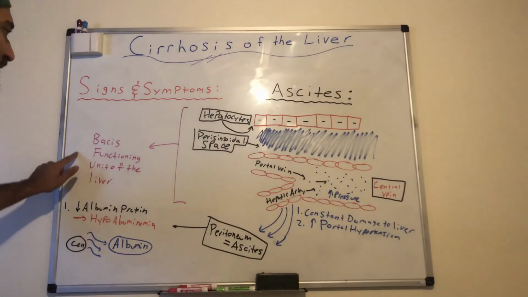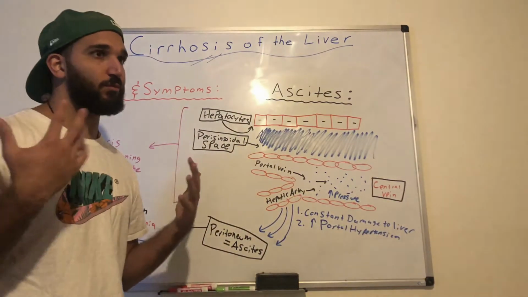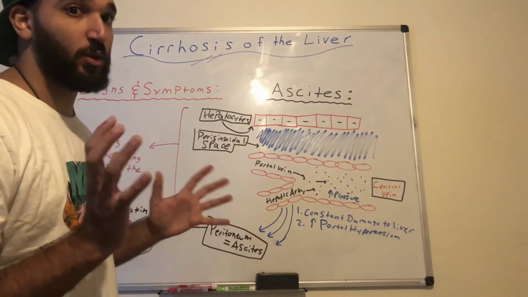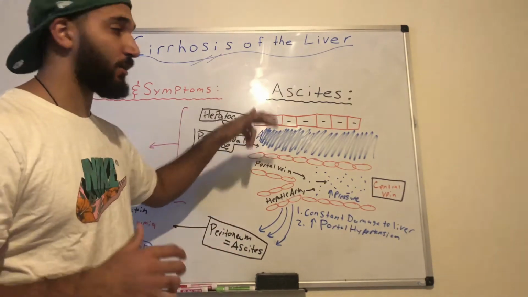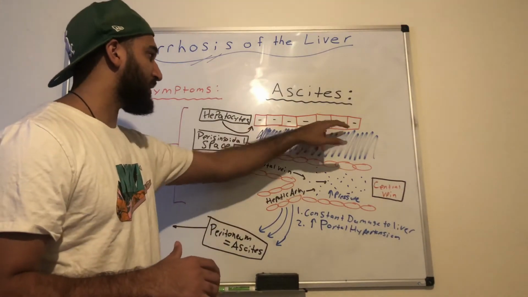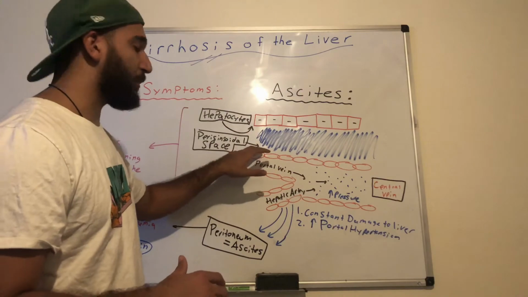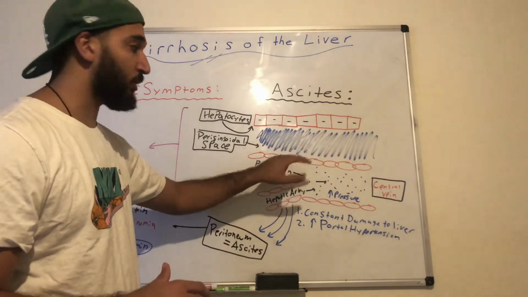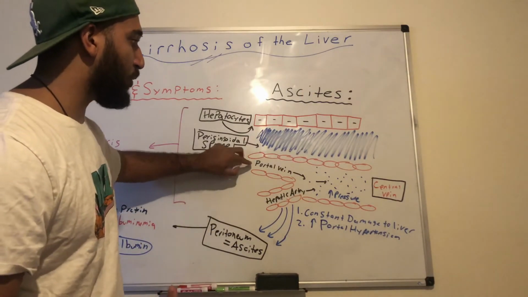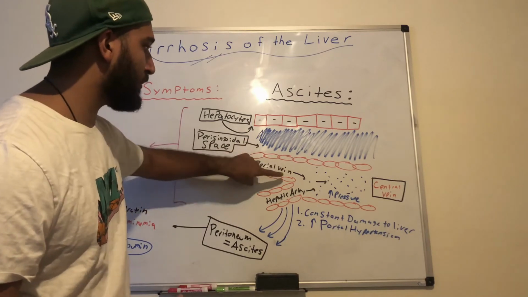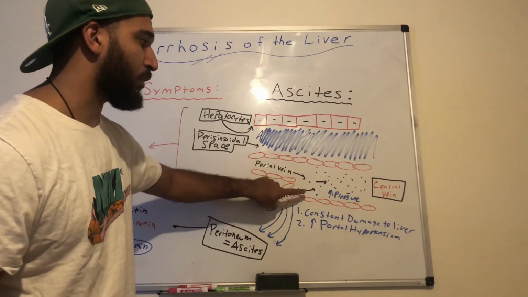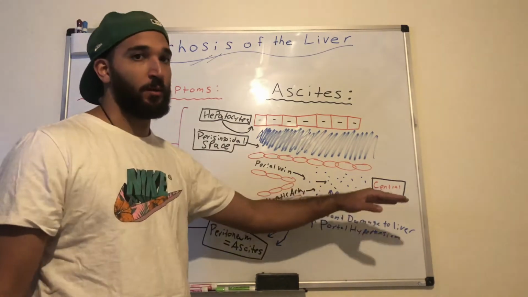This is the basic functioning unit of the liver, just to give a basic idea of why ascites occurs. We have our hepatocytes here. We have a space called the parasinusoidal space in the middle. Here's our portal vein, and here's our hepatic artery leading into the central vein.